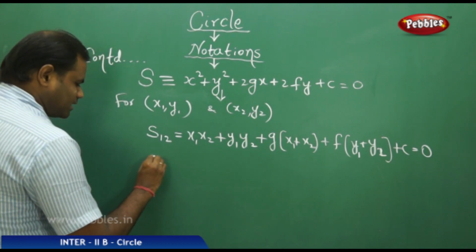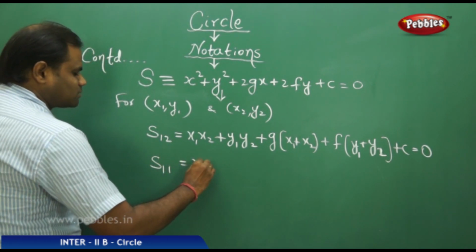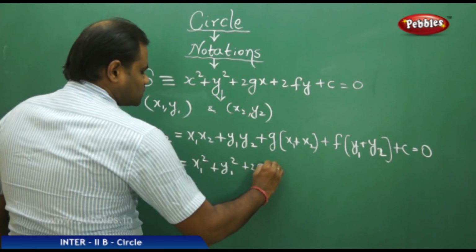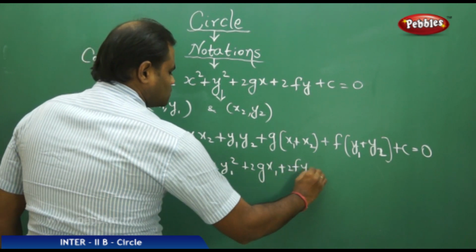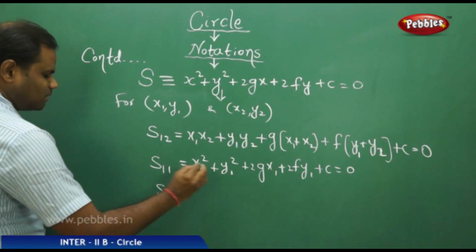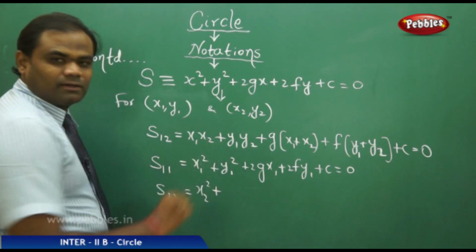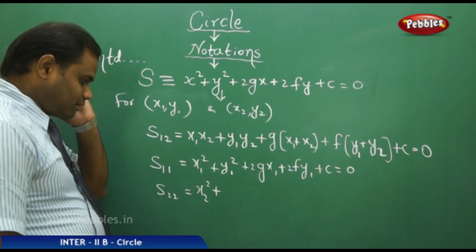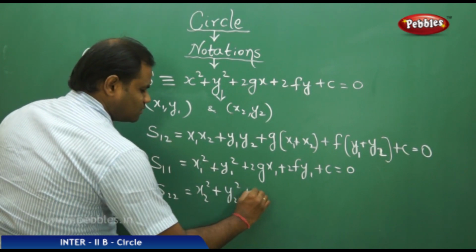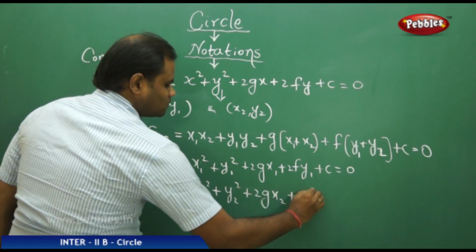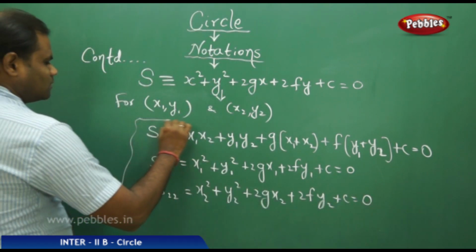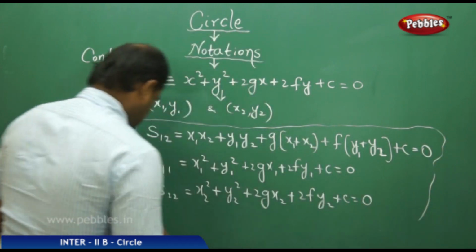Similarly, if I wanted to find S11, then this would be x1 squared plus y1 squared plus 2gx1 plus 2fy1 plus c equal to 0. And S22 is nothing but substituting x2 and y2 in place of x and y: x2 squared plus y2 squared plus 2gx2 plus 2fy2 plus c equal to 0.